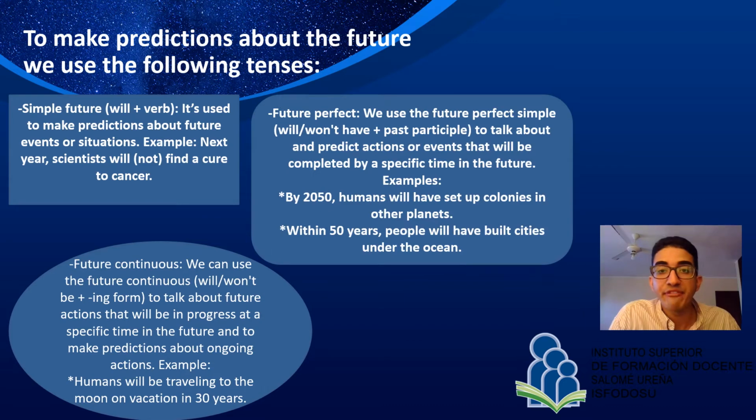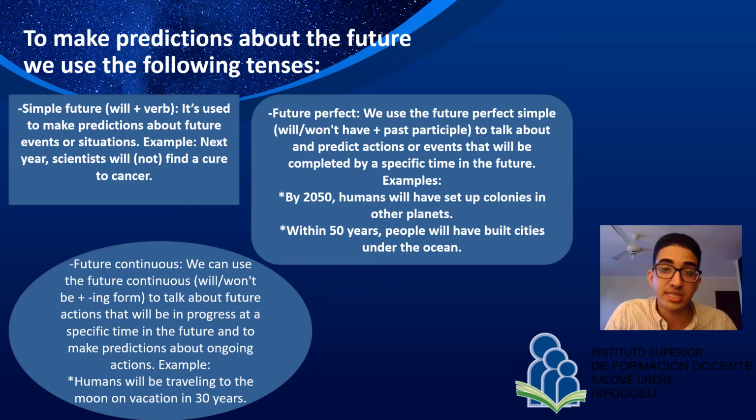And then we have the future perfect. Future perfect is used to talk about and predict actions or events that will be completed by a specific time in the future. For example, by 2050, humans will have set up colonies in other planets. Within 50 years, people will have built cities under the ocean. So we use the future perfect to make predictions about actions, activities, or events that will be completed by a specific time in the future.